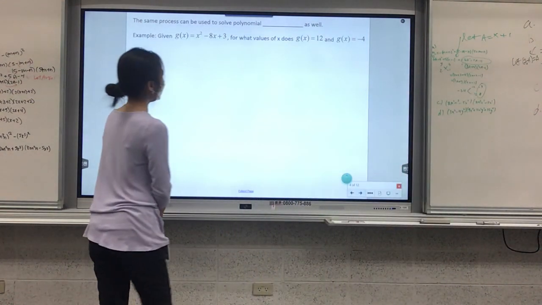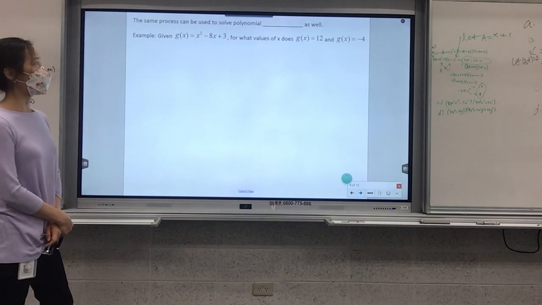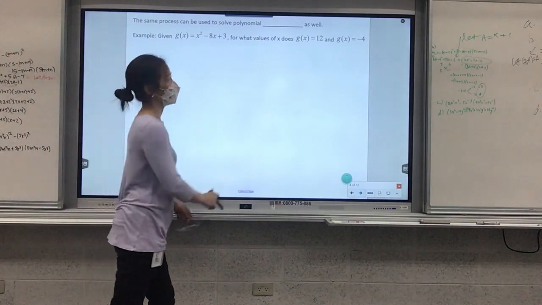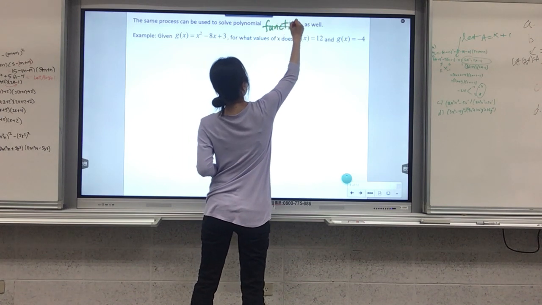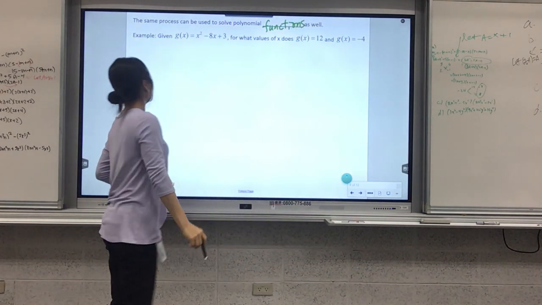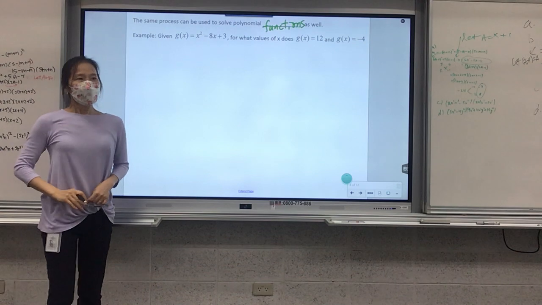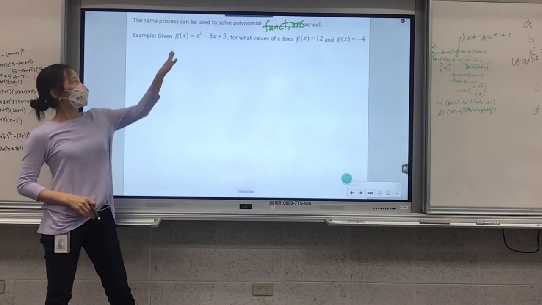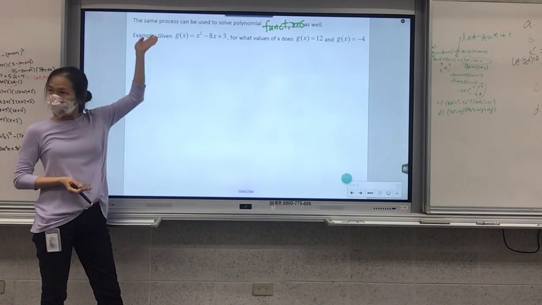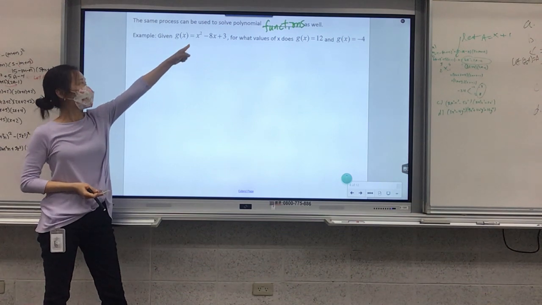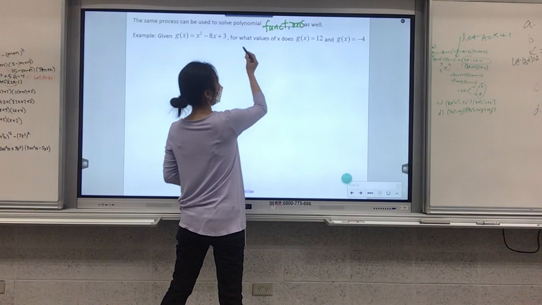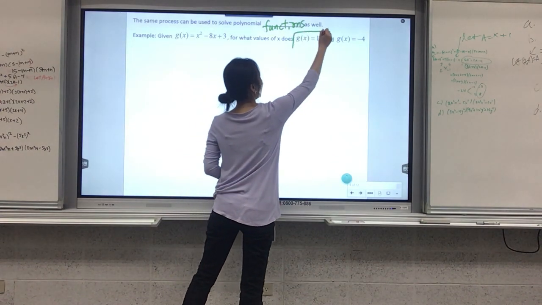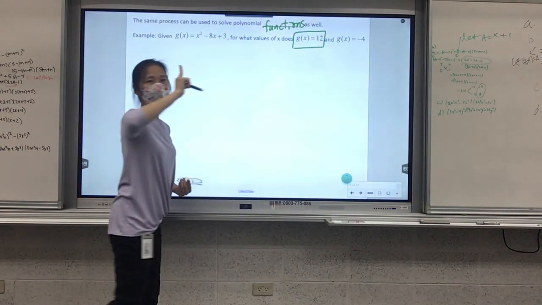The same process can be used to solve polynomial functions. Instead of writing something equal to 0, we can say g of x is this quadratic function. And can you solve for the value of x when g of x equals 12?